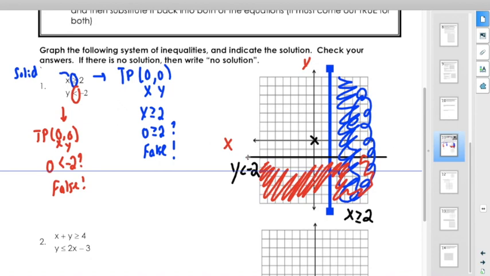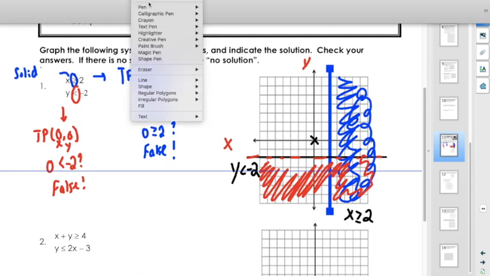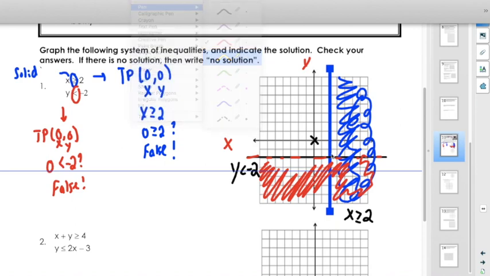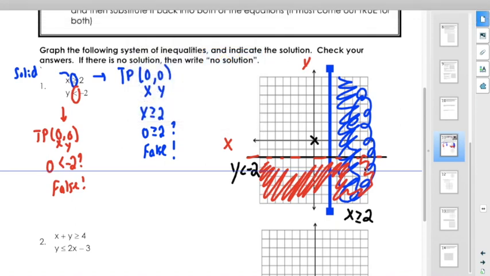Let's just say, there's my dashed line there. Okay, so my solution is all in here. Right, and then I want to put a big S in there, S for solution.